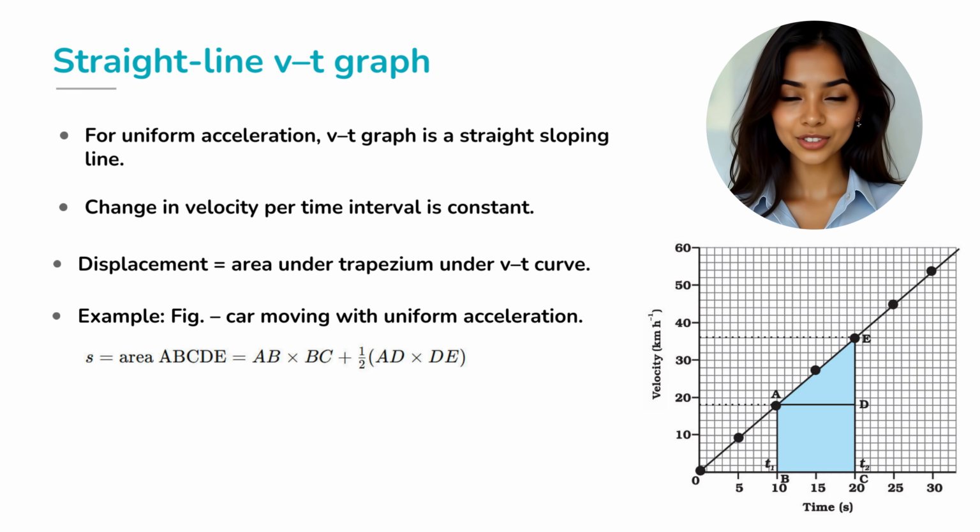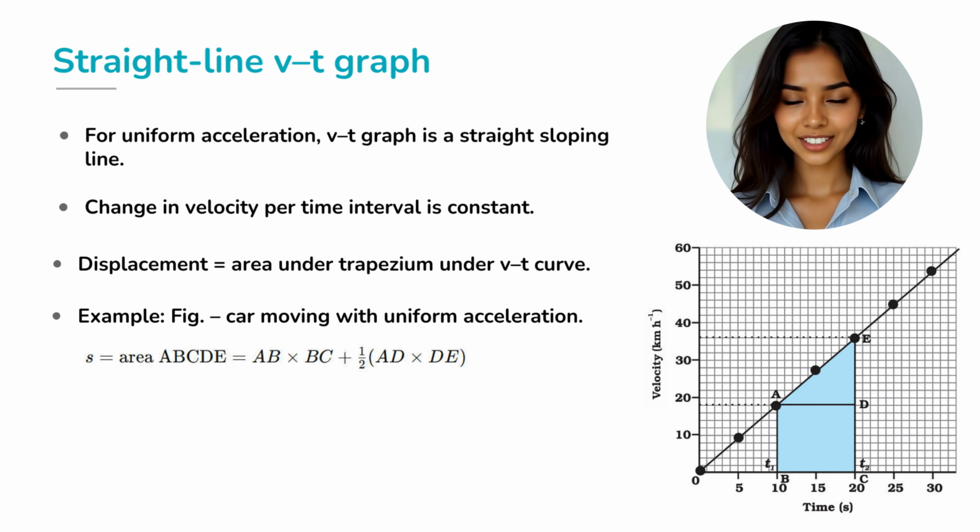Things get more interesting when the object accelerates uniformly. Imagine a car steadily increasing its velocity. On a velocity-time graph, this appears as a straight sloping line. To calculate displacement, we find the area under the line, which forms a trapezium. We break it into a rectangle and a triangle.